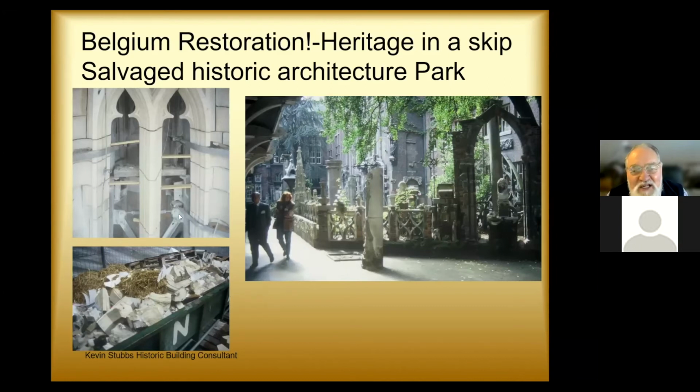And it was interesting to see in Belgium about 40 years ago, their approach to conservation was basically they stripped the decaying stone and the decent stone off the facade of the building, all went into a skip, and new stonework was put back so that the building looked like it originally did when first constructed.